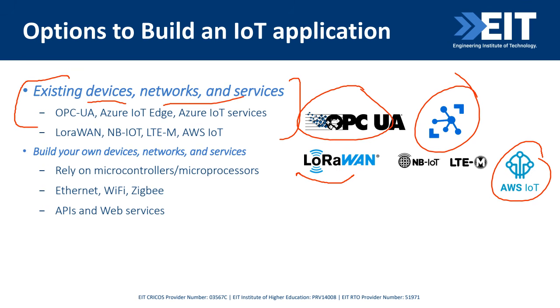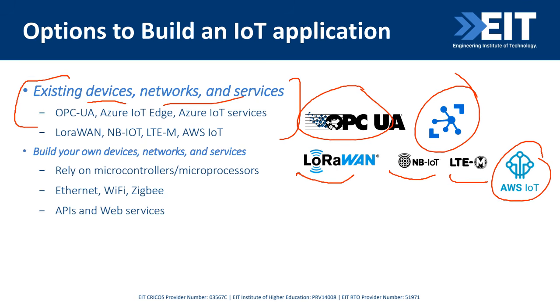All these technologies will allow you to connect the devices that are in the perception layer to the gateways. Those gateways are compatible or connectable to the platforms like Azure IoT or AWS IoT. But the connectivity at the lower level will be things like LoRaWAN, NB-IoT, and the like.